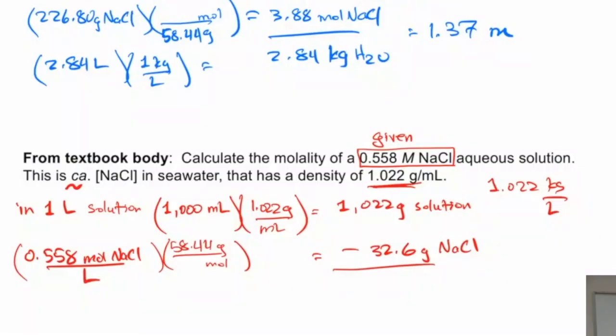And I get 989.4 grams of solvent. Right? That's why in that video, you need to know what the solution is, know what the solute is, and know what the solvent is. Because we use these terms all the time.